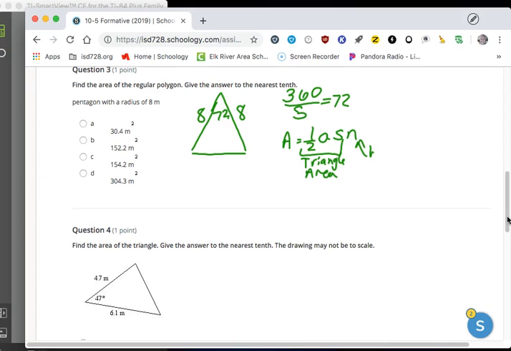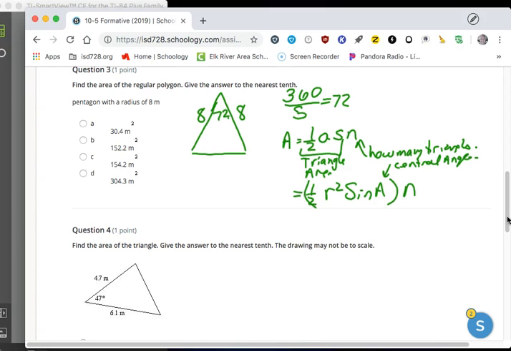And this is how many triangles. Now, we know a triangle formula. If we make the adjustment, we go 1/2 the radius squared, sine of A, which is the central angle, and then multiply by how many sides.